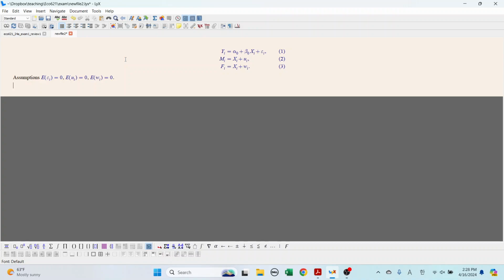In this model, y, m, f are generated from x, u, w, epsilon. Okay, so left-hand side variables are endogenous variables, right?